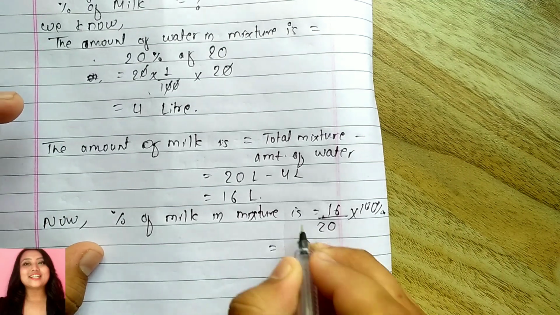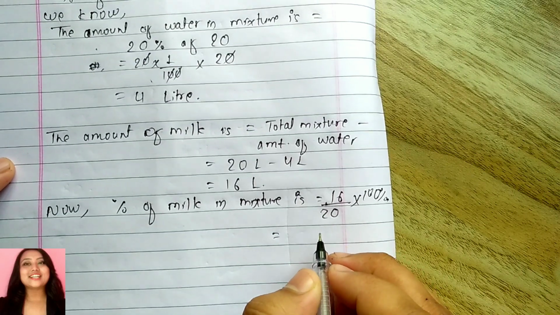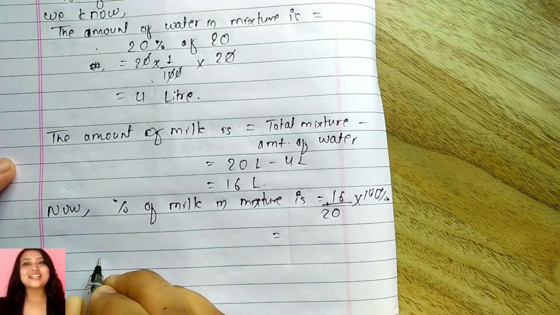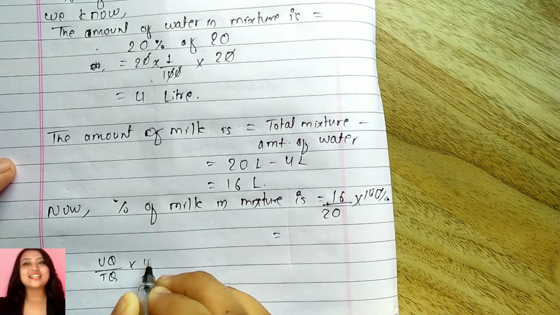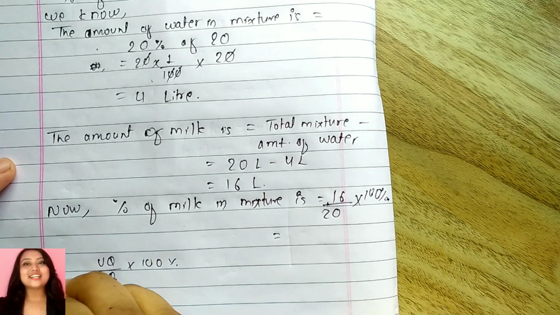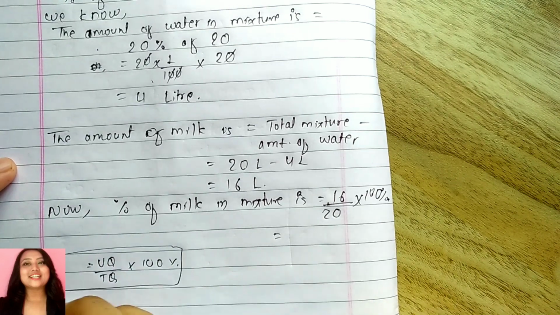As we know the formula, for finding out the percentage, you have to write the unit quantity upon total quantity into 100%.